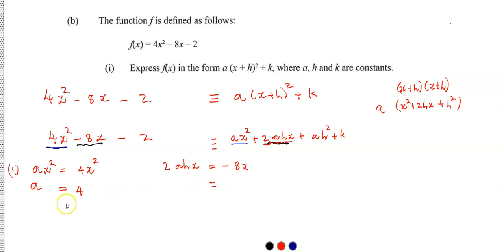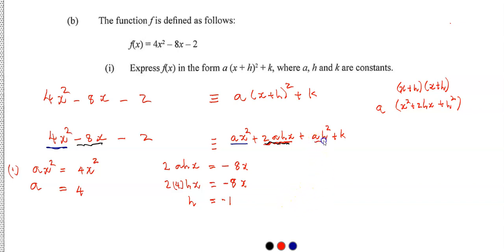We know the value of a as 4, so we can have 2 times 4 hx equals minus 8x. So from this we get h equals minus 1. So we have found that.